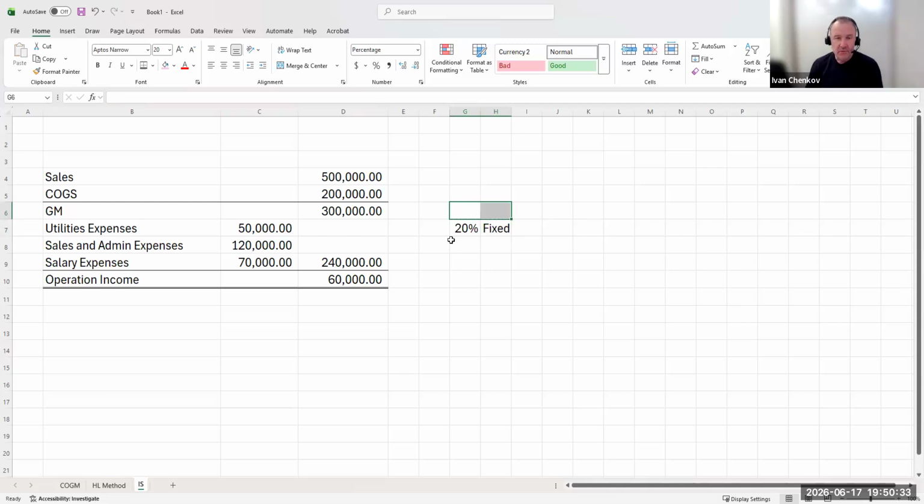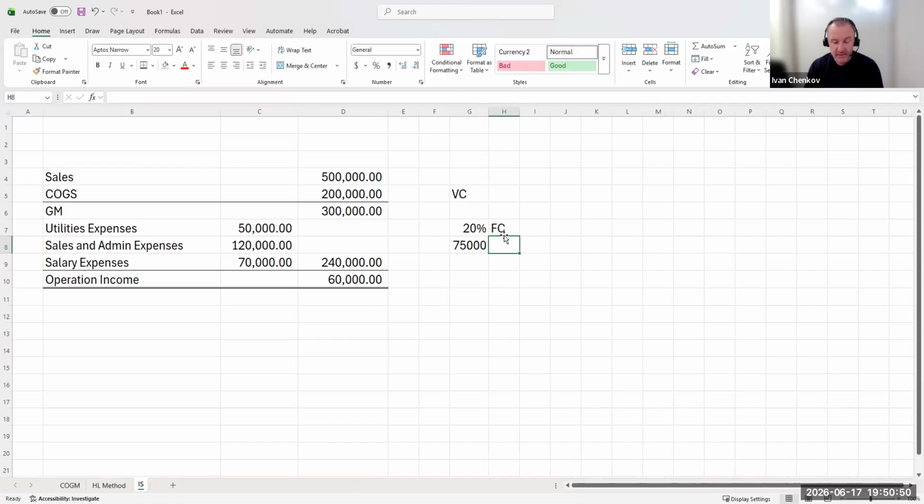On the cost of goods sold, you already know everything is variable cost. On the sales administrative expenses, 75,000 are fixed cost.